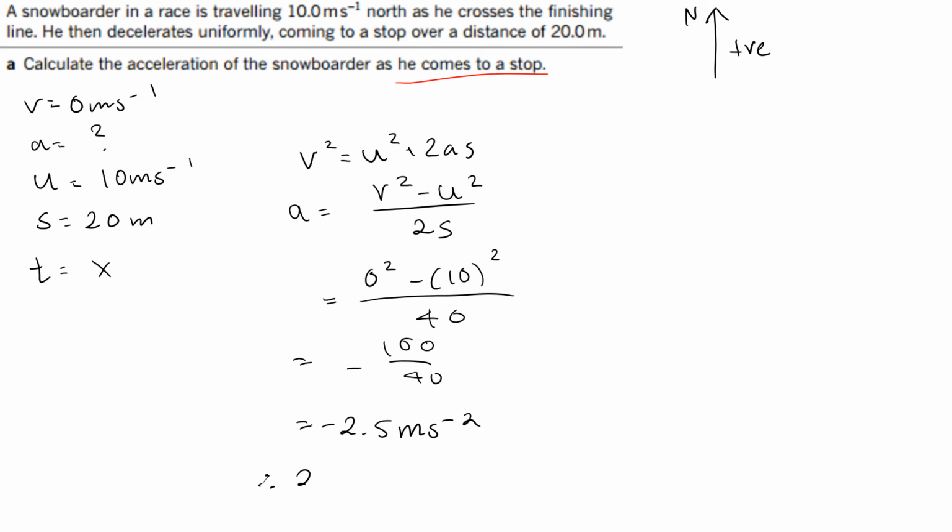Now, therefore, it's 2.5 meters per second south. We can get rid of the negative because we called north our positive value. So the opposite of a positive is negative, and south is opposite of north. Okay. Now let's move on to part B.